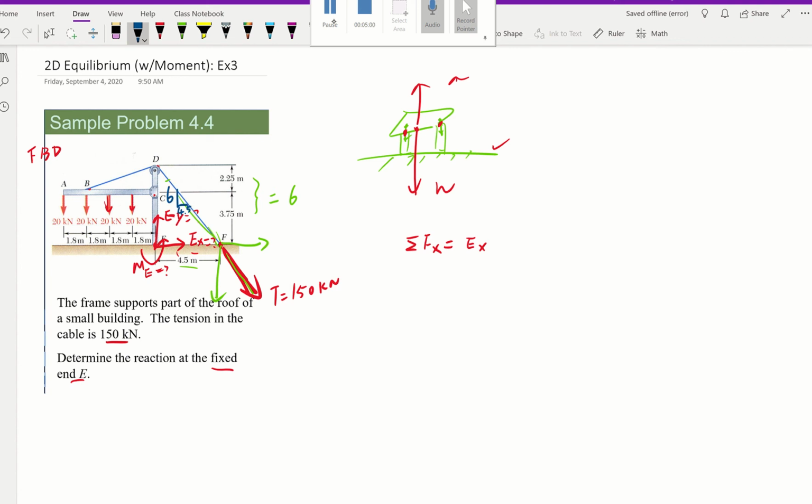What is 6 and 4.5? Divide by 1.5, that becomes 3. That becomes 4. Voila! Is that neat? That's basically a 3, 4, 5 triangle. I'm going to write that down there.